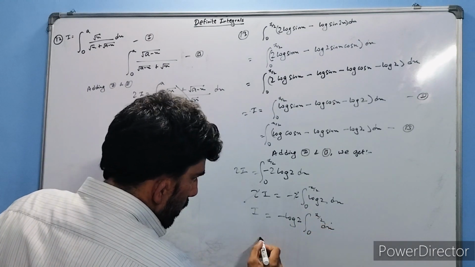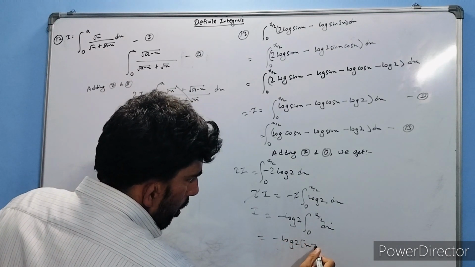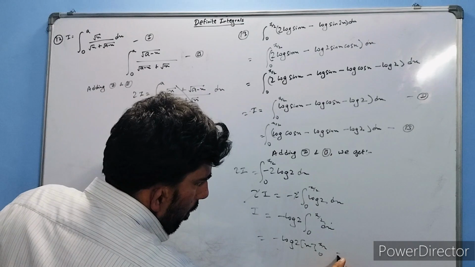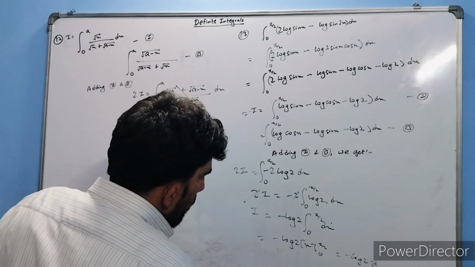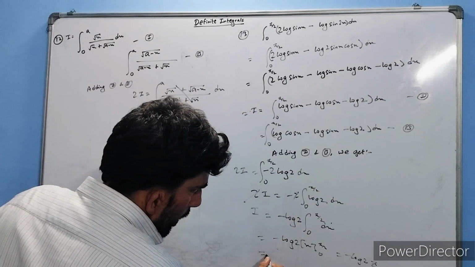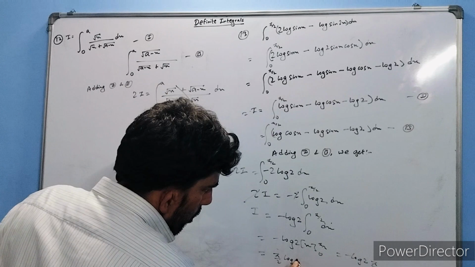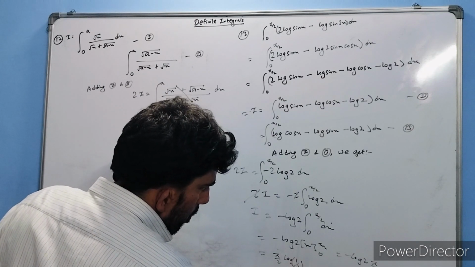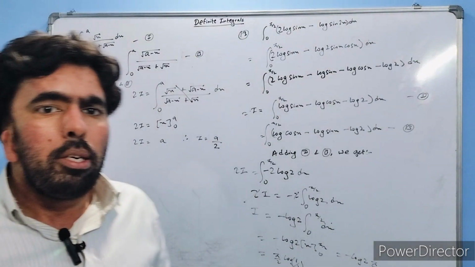So we will have minus log 2 times x. If I put here pi by 2 and 0, I will get minus log 2 times pi by 2, or else I can write pi by 2 log of 1 upon 2. Okay, so that is how we are able to solve the numerical.